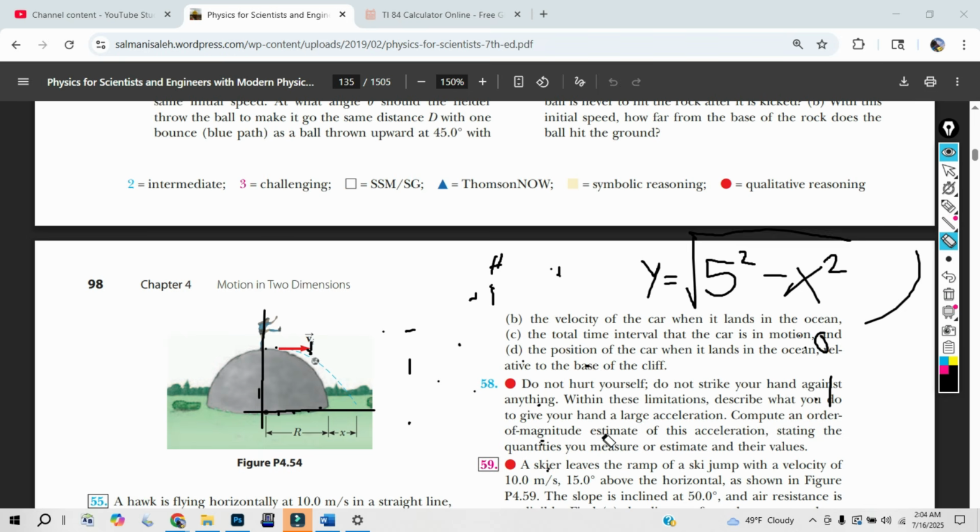All right, so what do we want to change our velocity to? How about just 5 meters per second? I don't think it's going to be good enough, but maybe.